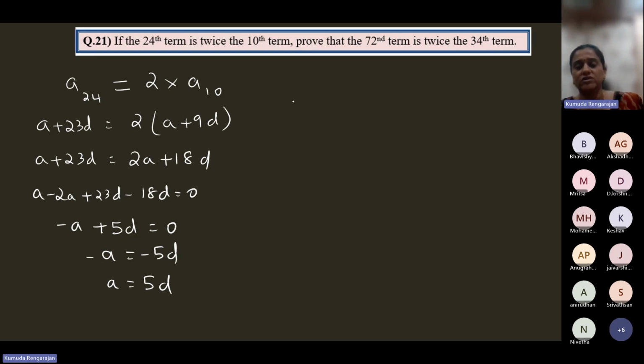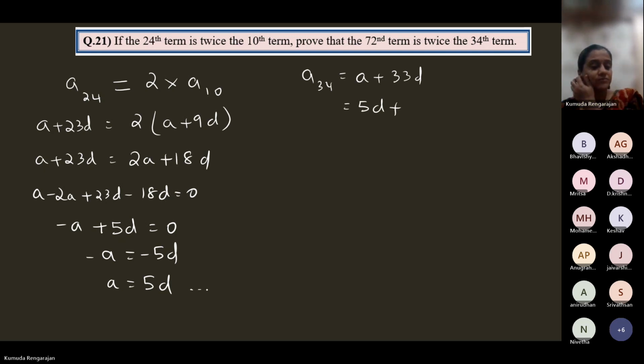Now we'll have to prove that the 72nd term is twice the 34th term. So what is A34? A plus 33d. So a is 5d plus 33d, which is 38d.